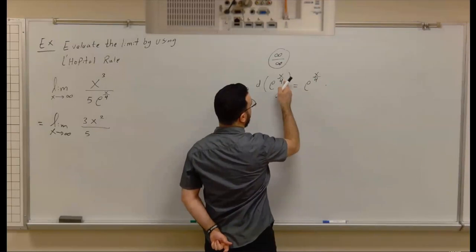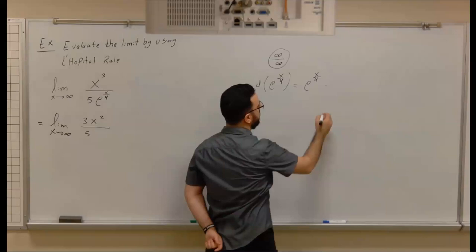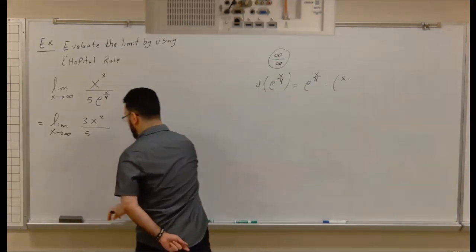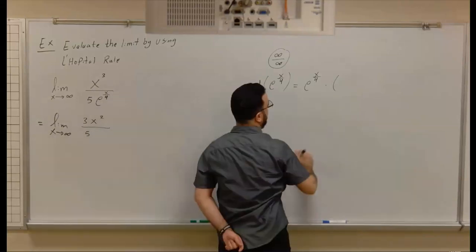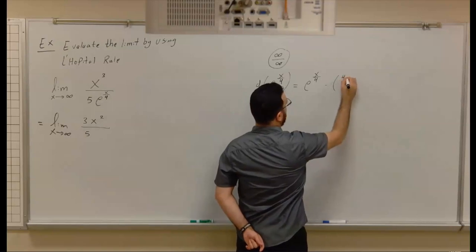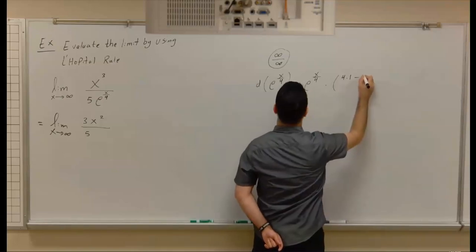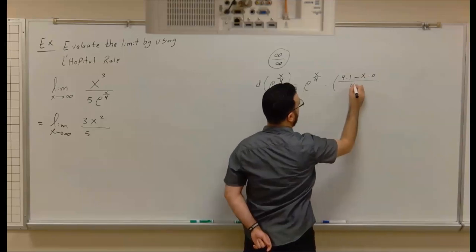The derivative of the exponent, it's a quotient. So you can say, okay, it's the bottom times the derivative of the top, minus the top times the derivative of the bottom. So 4 times the derivative here is going to be 1, minus x times the derivative of the bottom part, which is 0, over 4 squared.